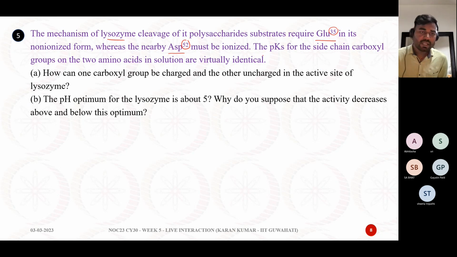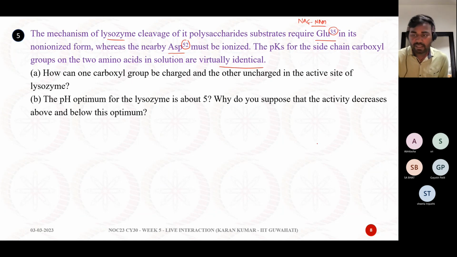So the question is the mechanism of lysozyme cleavage of the polysaccharide substrate, NAG-NAM, in its non-ionized form, whereas the nearby aspartic acid must be ionized. The pKa values for the side chain carboxylic groups on the two amino acids in solution are virtually identical. Now the question is, how can one carboxylic group be charged and another be uncharged in the active site of lysozyme?